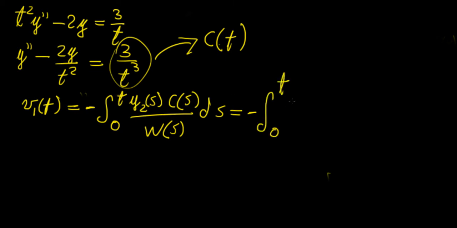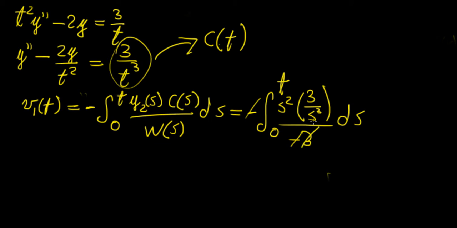So y2 we know is just going to be t squared, but because we have replaced the variable names, this is going to be s squared. C of s is going to be 3 over s cubed, and we know the Wronskian is minus 3. So this turns out to be really nice because that means that we can cancel out a lot of terms in here. So this cancels out with that, the 3 goes with that, and then this cancels out with that.